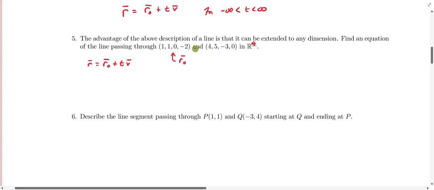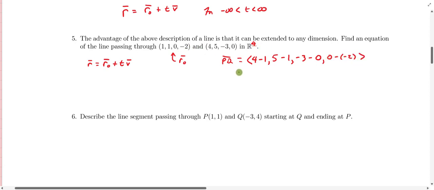So if this were point P and this were point Q, we could talk about PQ like this. And how do we give that? Well, that would be as a position vector. We could write it this way as 4 minus 1, comma, 5 minus 1, comma, negative 3 minus 0, comma, and then 0 minus negative 2.